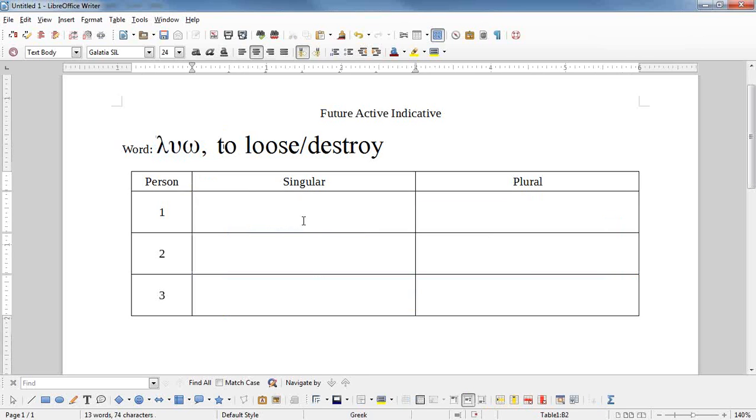Now I'm going to do it slightly different. Well, should I? No, I'll just do it the regular way. Step one, we put all our forms down. We get the stem, and we paste it in every box for the future active indicative.